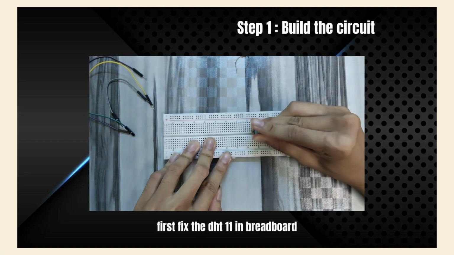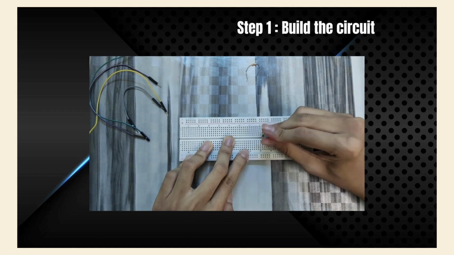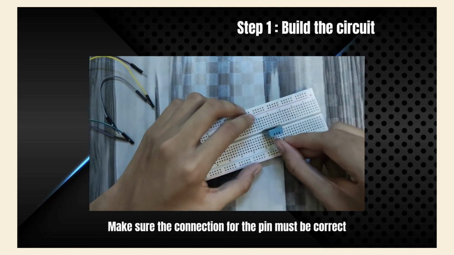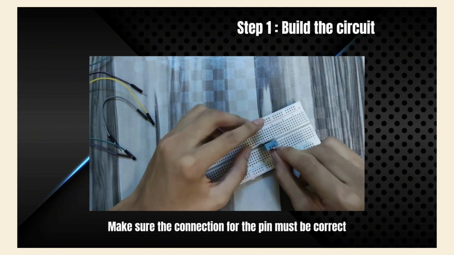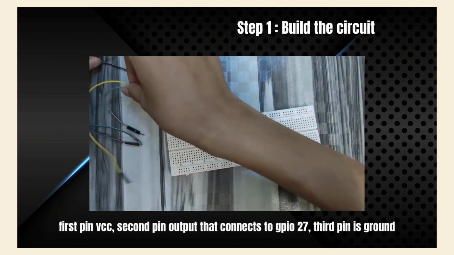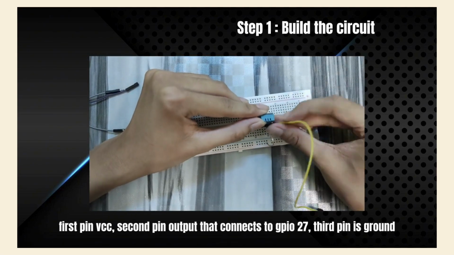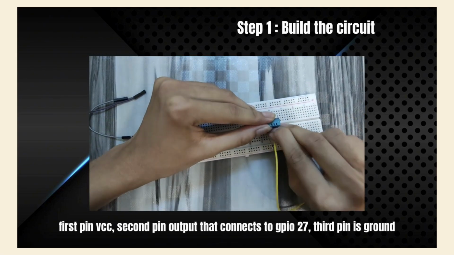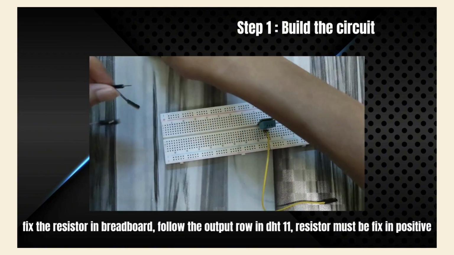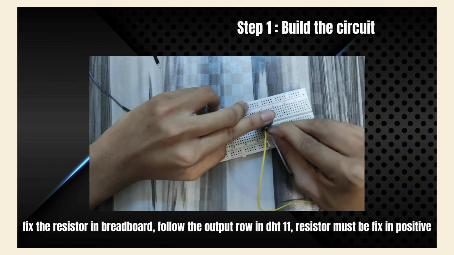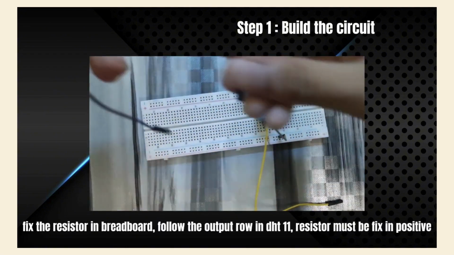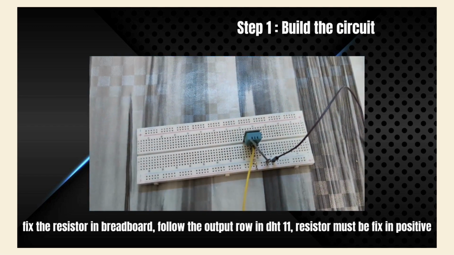Step 1. Build the circuit. First, fix the DHT11 in the breadboard. Make sure the connection for the pins is correct. First pin VCC, second pin output that connects to GPIO27, third pin is ground. Fix the resistor in the breadboard. Follow the output row in the DHT11. The resistor must be fixed in positive.